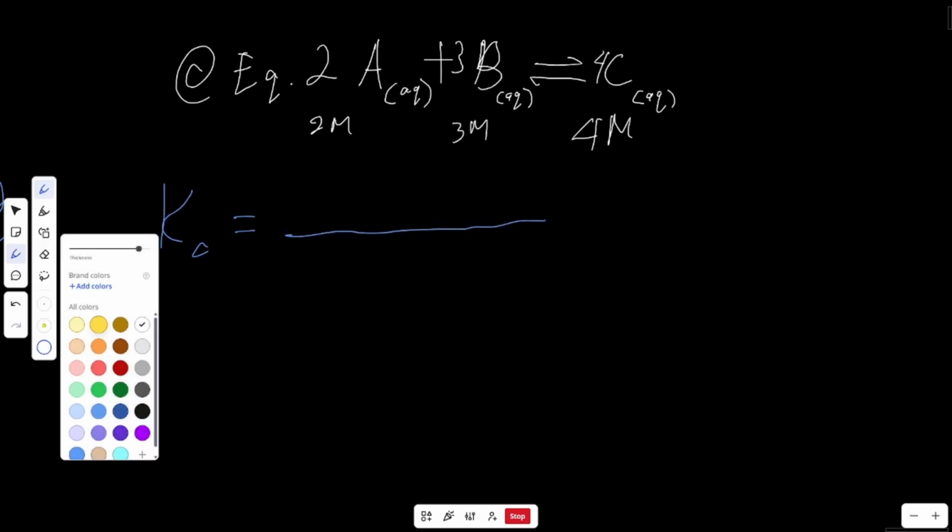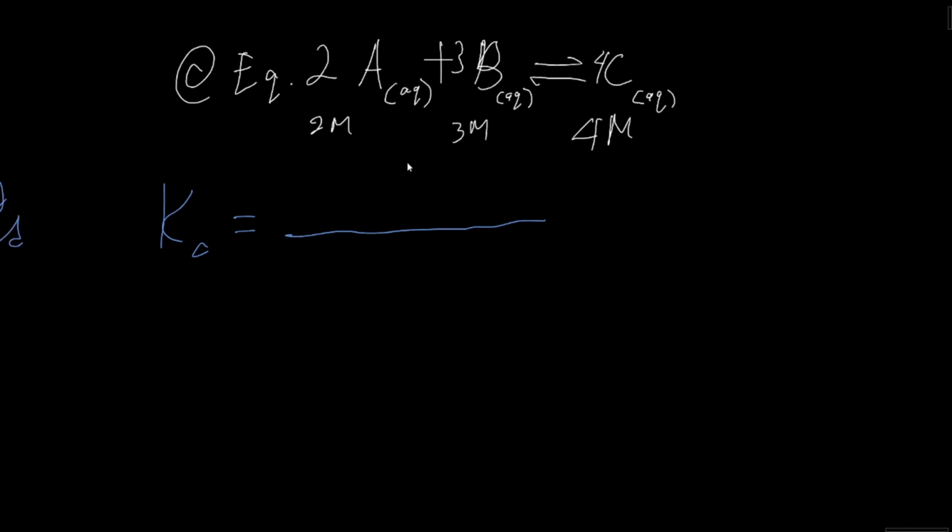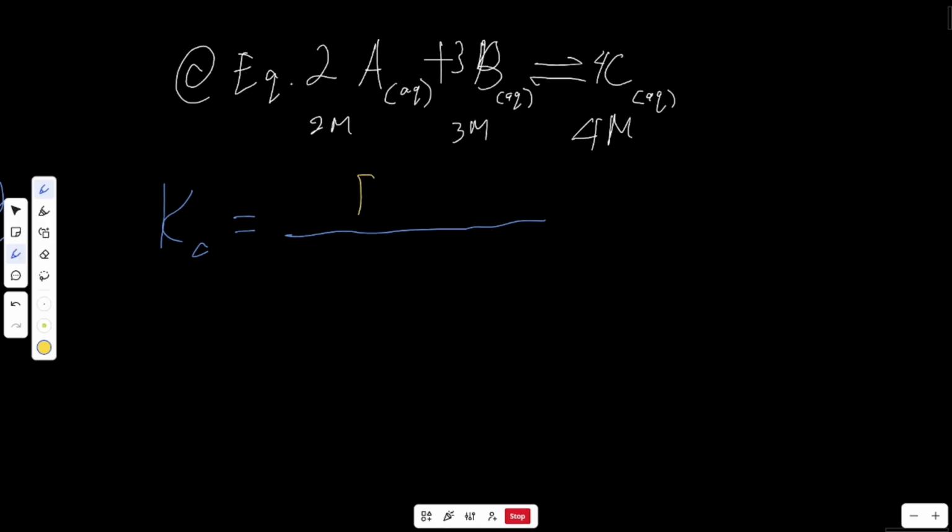On the right side we have 4 molar of C. That means on top we would have 4 to the power of the coefficient, which is 4, over the concentration of A, which is 2, to the power of 2, times B, which is 3 molar, to the power of 3.